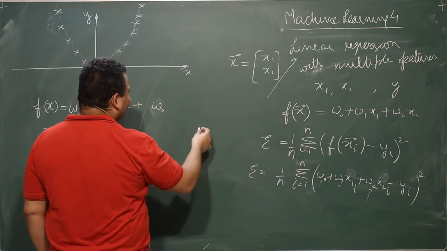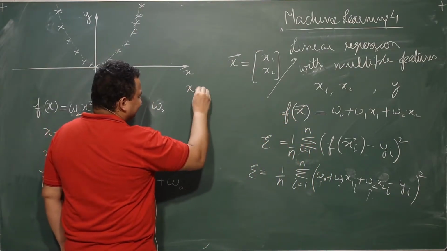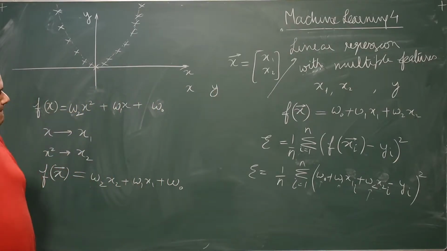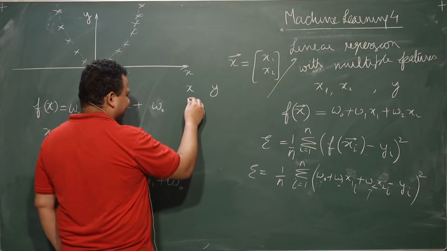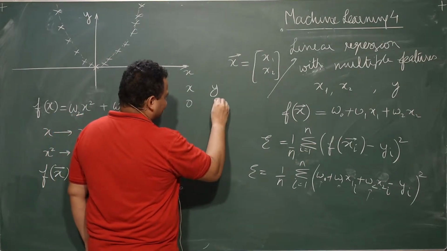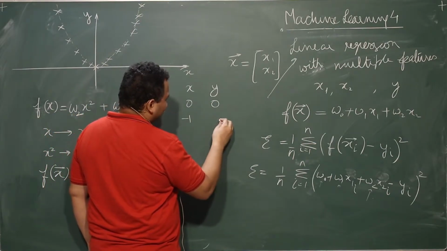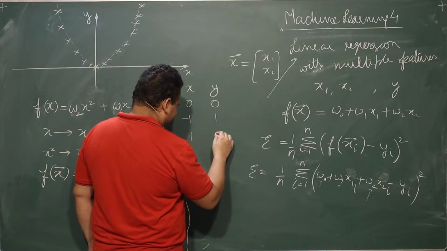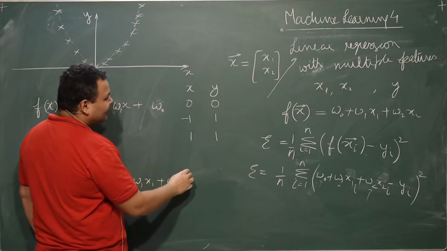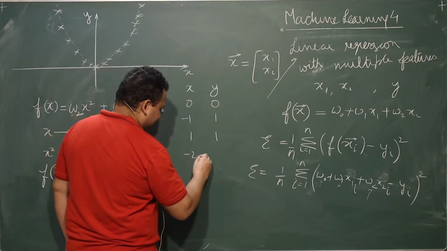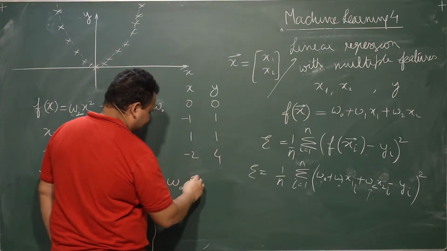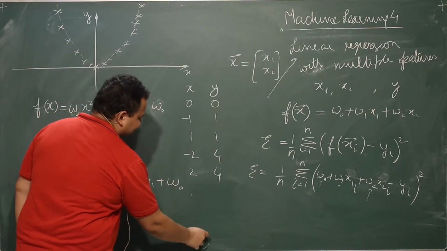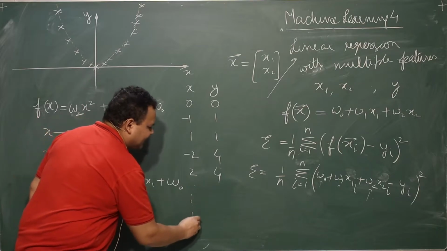What was my data? Let us call this x and y: 0, 0; minus 1, 1; 1, 1; minus 2, 4; 2, 4, something like this. That was what your data was.